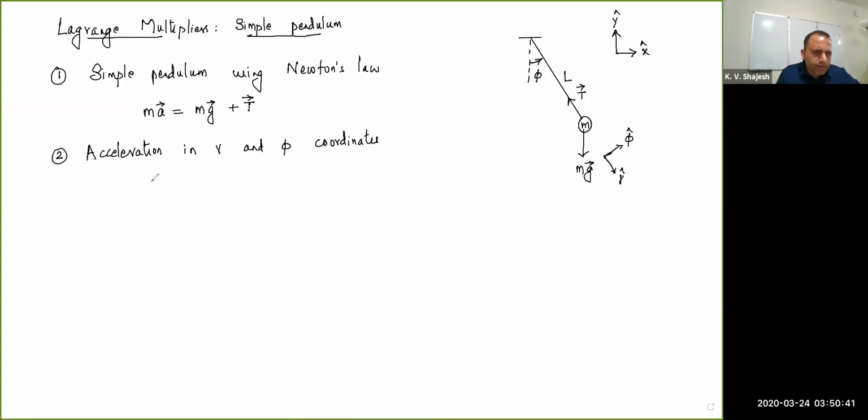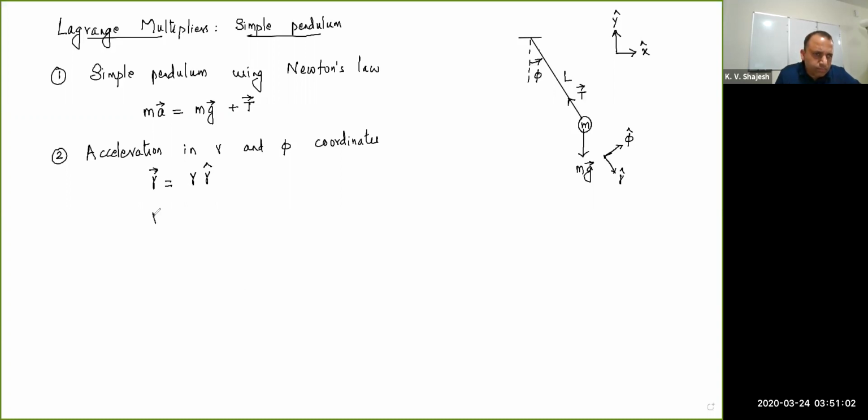To that end, we begin by saying that the position vector r will be the radius r times r hat. That's the definition of the position vector.